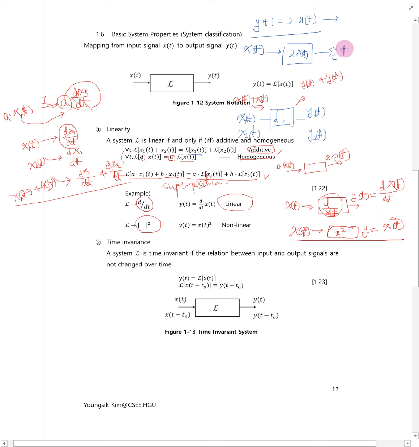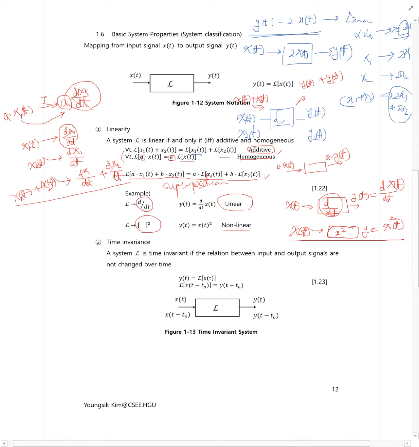If x1 is applied, the output is 2 times x1. If x2 is applied, it is 2 times x2. If we apply x1 plus x2, it gives 2 times x1 plus 2 times x2, so it satisfies additivity. What about scalability? Alpha times x1 gives 2 times alpha times x1, so it is also satisfied. So this is linear.